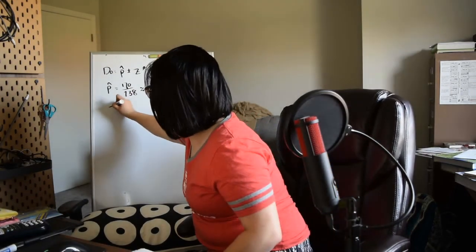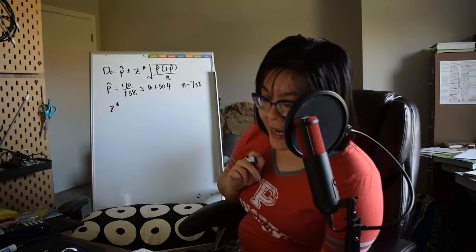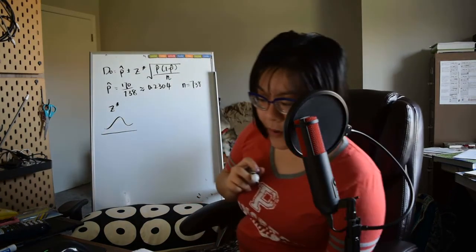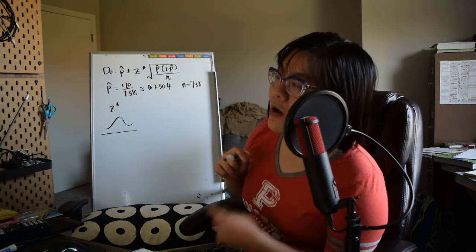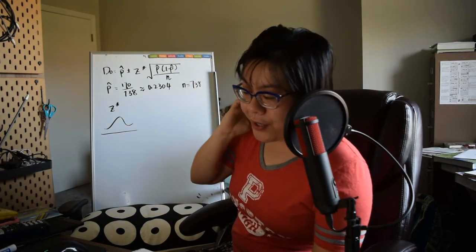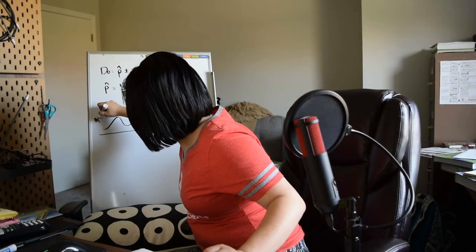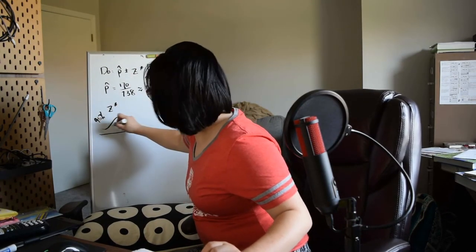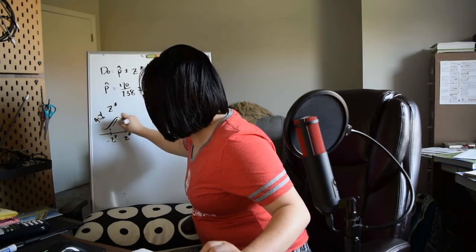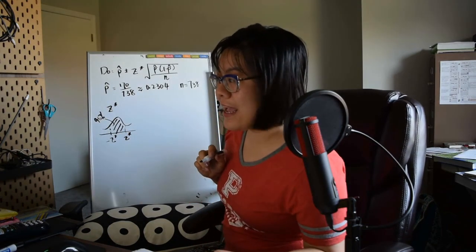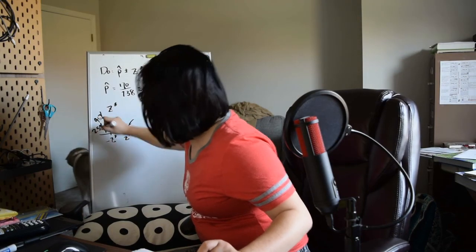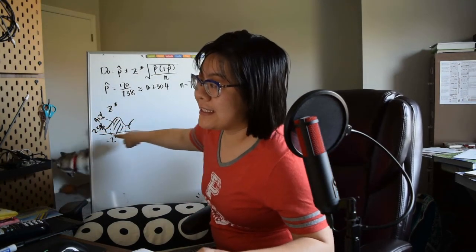Now the problem is, what is z star? Last time we talked about how to find z star. We need to see what the area in the middle is, and we check the table. This time we want to use a 95% confidence interval, which means the area in between negative z star and z star is 95%, which leaves 2.5% in each tail.